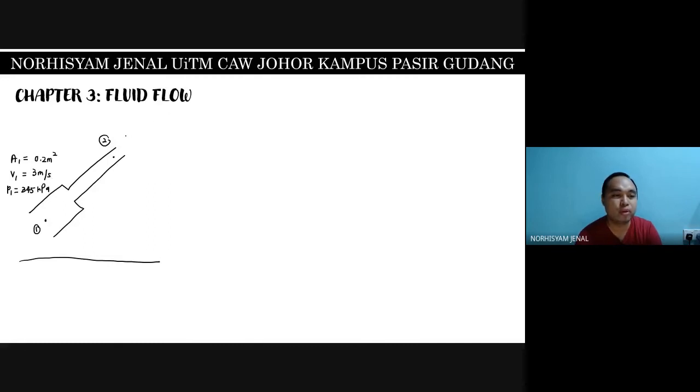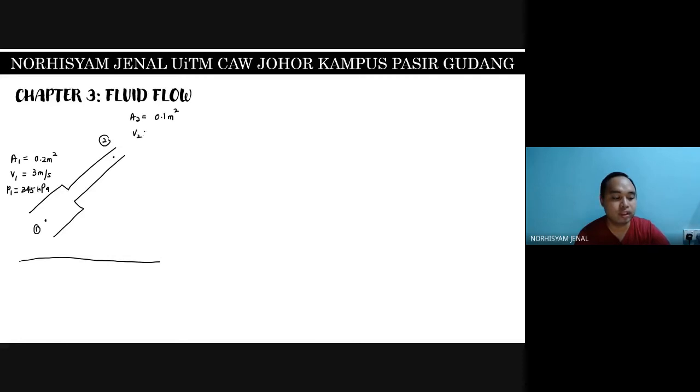Point 2 over here, we have A2 equal to, this is much smaller, so maybe we just provide you with 0.1 meter square, for example, and we don't know V2.